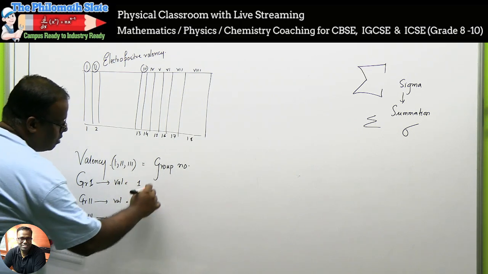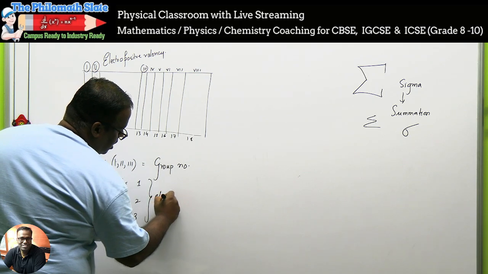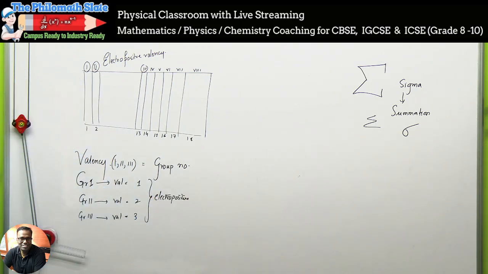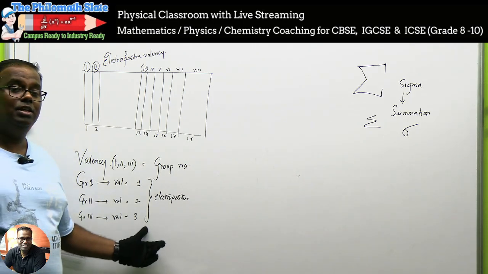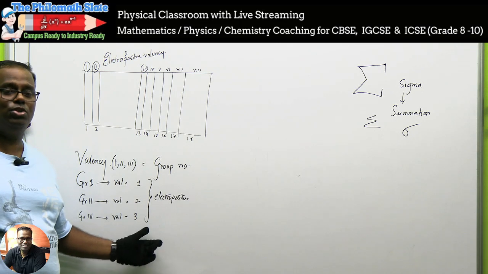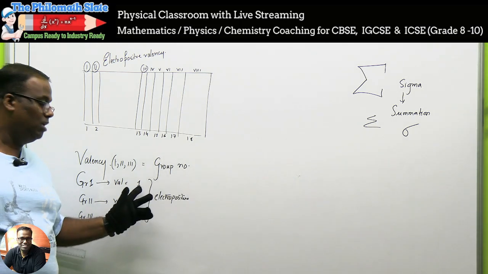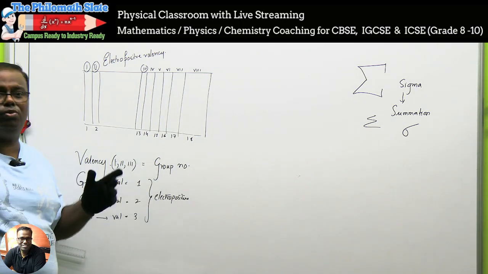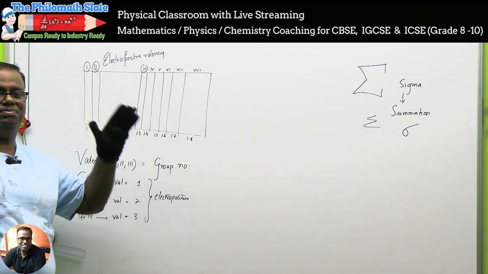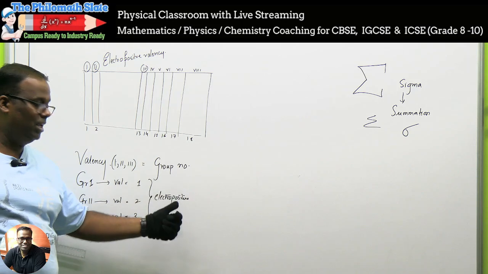Sir, 3. But remember, all these are electropositive. What did I define valency as the other day? The number of electrons that an atom can gain, lose, or share. So valency 1 means it has the hunger for 1. What type of hunger? Hunger to give away. Got it? That's why electropositive.